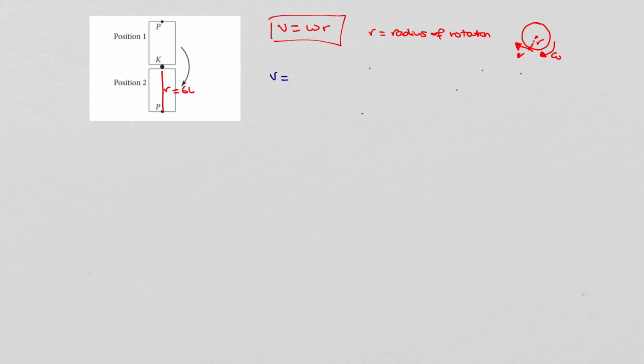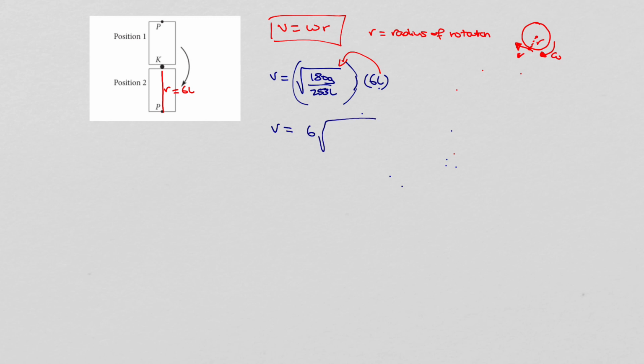So therefore v is equal to our angular velocity, which we said was the square root of 180g over 253L. And then we have to multiply that by the radius, which is 6L. And really all I have to do there then is I can square the L and put it underneath the square root sign. Because obviously if I get the square root of L squared, it would be L. So to put the L into the square root, I would square it.